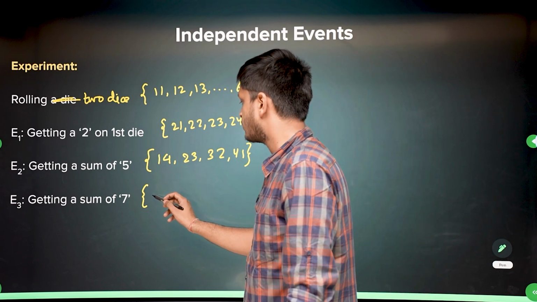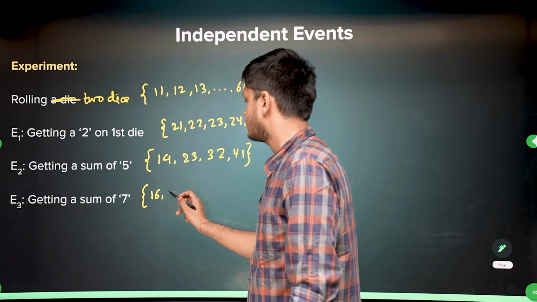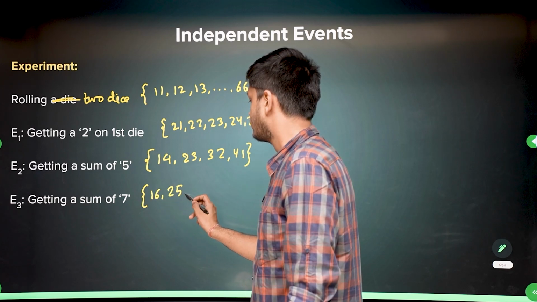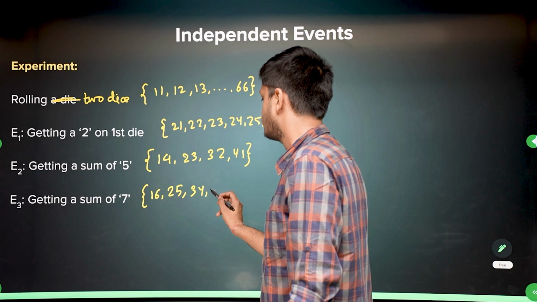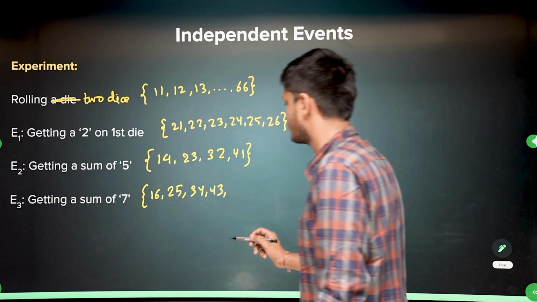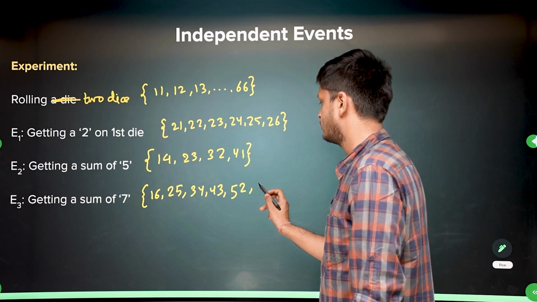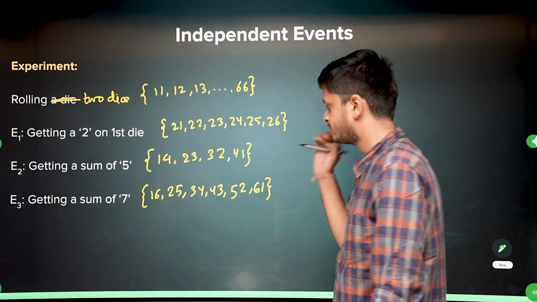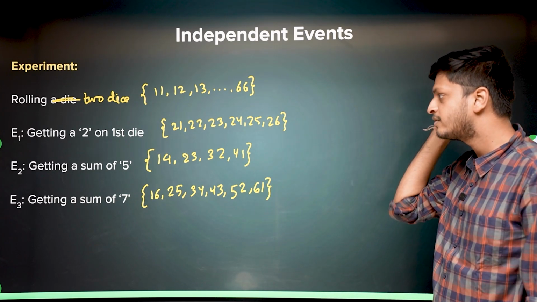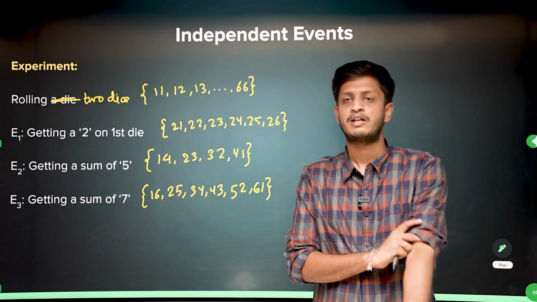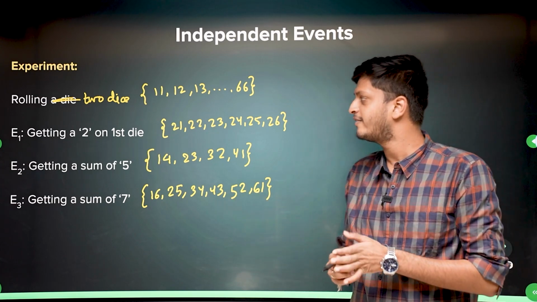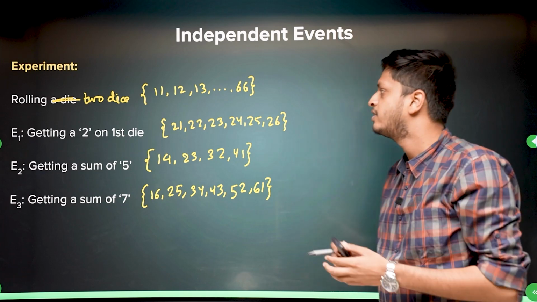The possible outcomes here are 1 6, 2 5, 3 4, 4 3, 5 2 and 6 1. Now we will see pairwise which events are independent of each other.